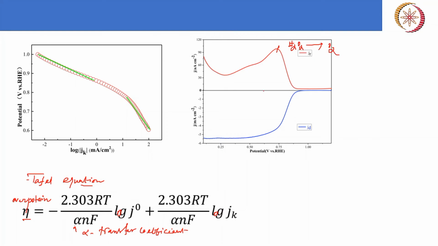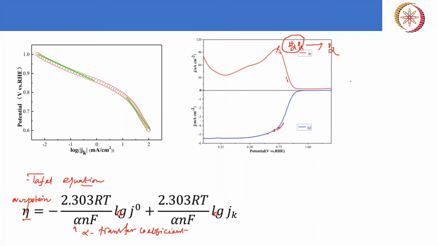Here the hydrogen peroxide is forming, as a result the current at the ring increases because the hydrogen peroxide concentration is increasing. After the diffusion control region it decreases, and from here you can get the collection efficiency of your electrode.